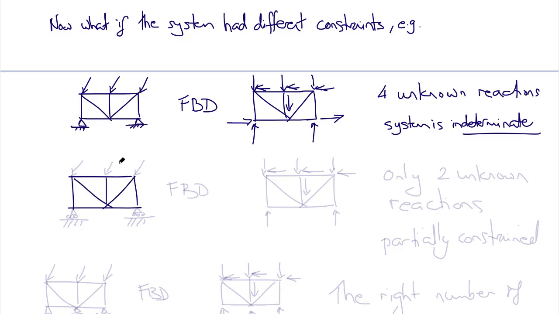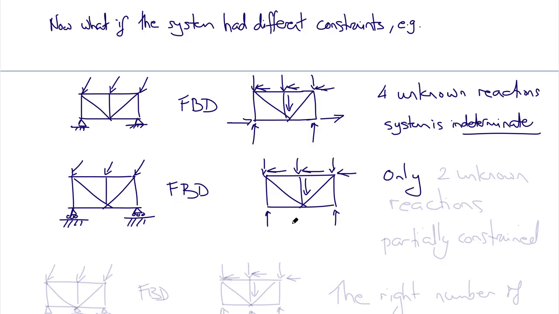In this case, again, we have the same applied loads, but this time, both supports are on rollers. So now in the free body diagram, we have the same components of applied load and weight, but now only 2 reaction forces instead of 3.